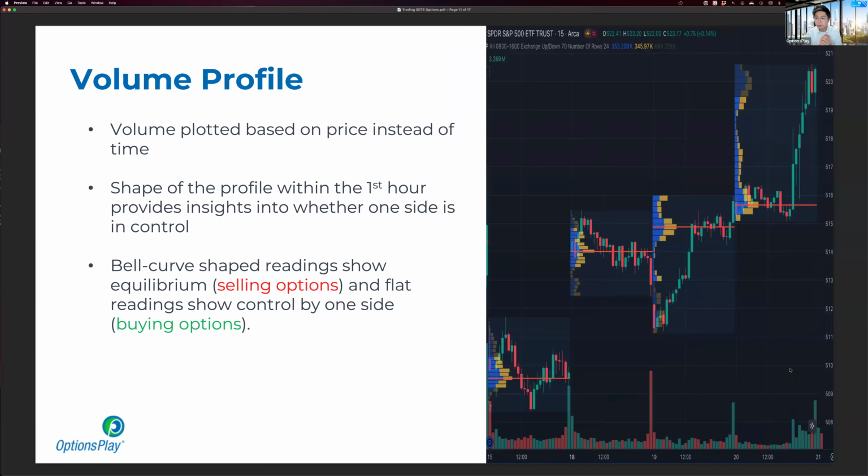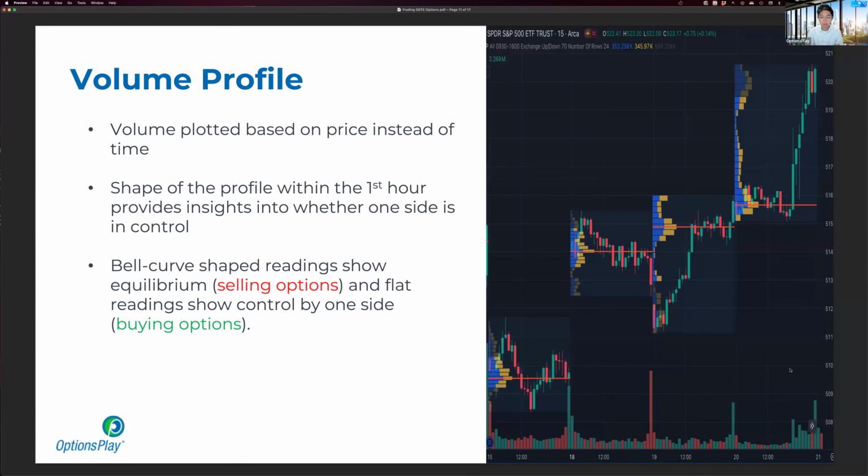First and foremost is what we call volume profile. This was invented by the CME, the Chicago Mercantile Exchange, back in the 70s or 80s. There's actually a CME handbook on volume profile written in the 70s or 80s. It's a bit of a dry read, but it is considered the Bible on volume profile.